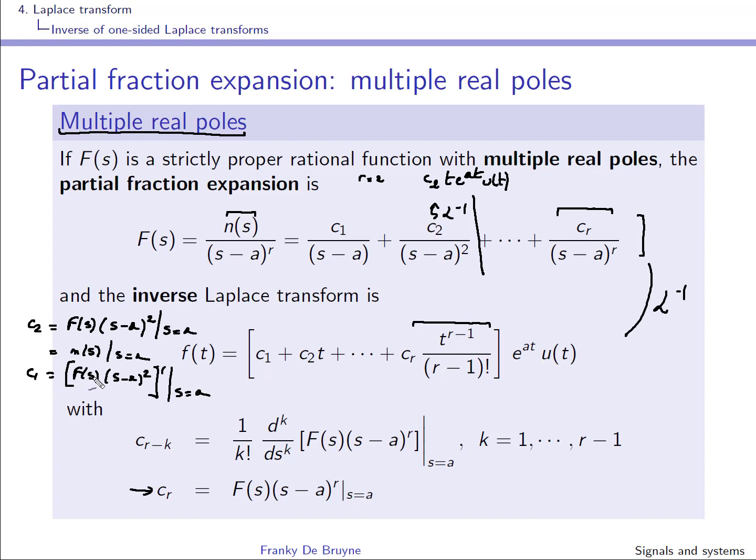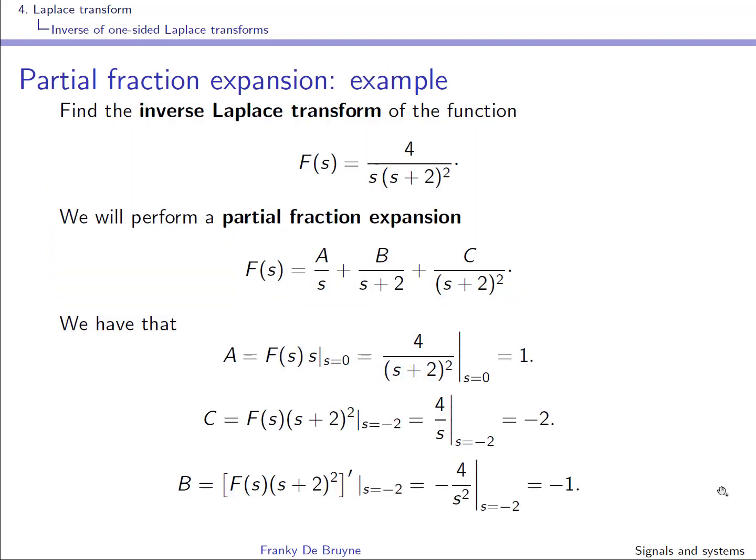In previous courses you have seen other methods to obtain C1 and C2, for instance putting everything back on the same denominator, equating coefficients and obtaining a system of equations, then solving for C1, C2. If you feel more comfortable with these methods, please use them. This is an alternative method that is proposed in the course.